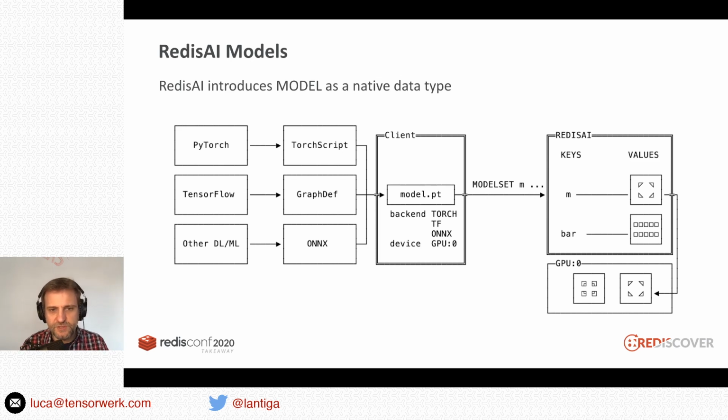PyTorch has TorchScript, and there's extensive documentation on the PyTorch website on how to convert a model to TorchScript for execution in runtimes like RedisAI. In TensorFlow, we support GraphDef at the moment, so you will need to execute Python code that freezes your graph and exports it to a GraphDef protobuf.